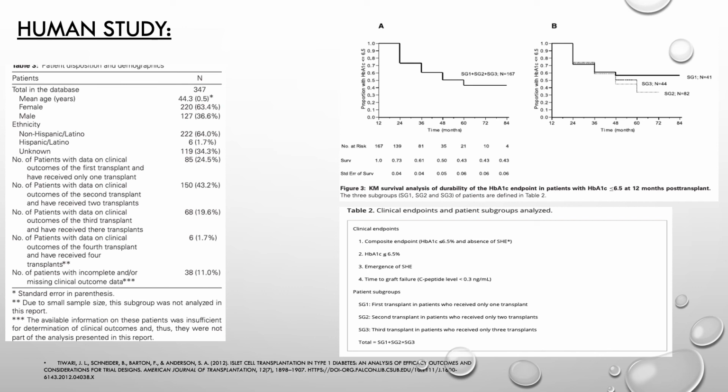So it shows you an overlay of what patients they used. And then figure 3 just shows the outcome of the HbA1c levels that most doctors look at. So I just incorporated that to see a different outlook.